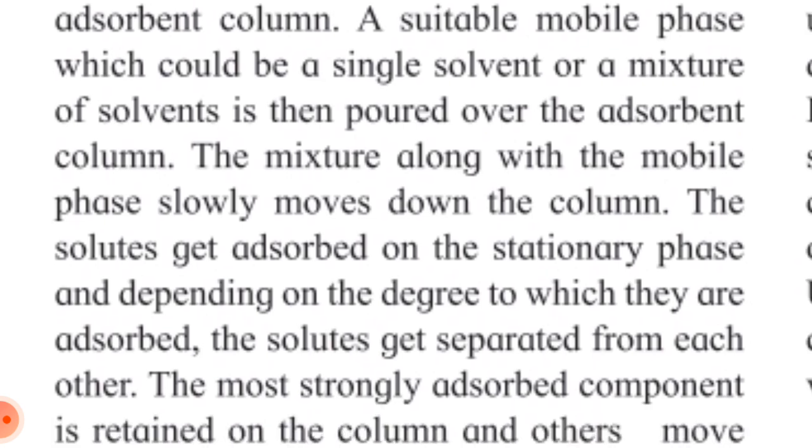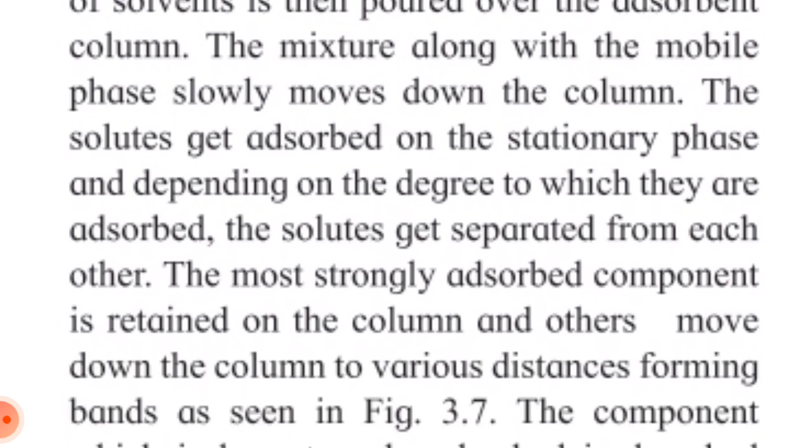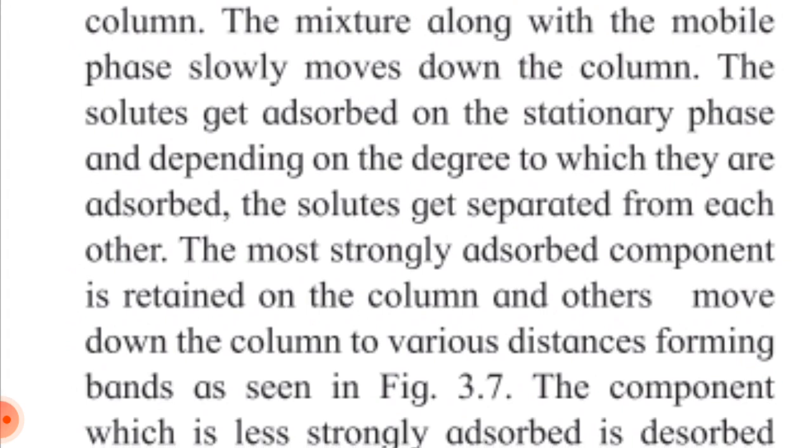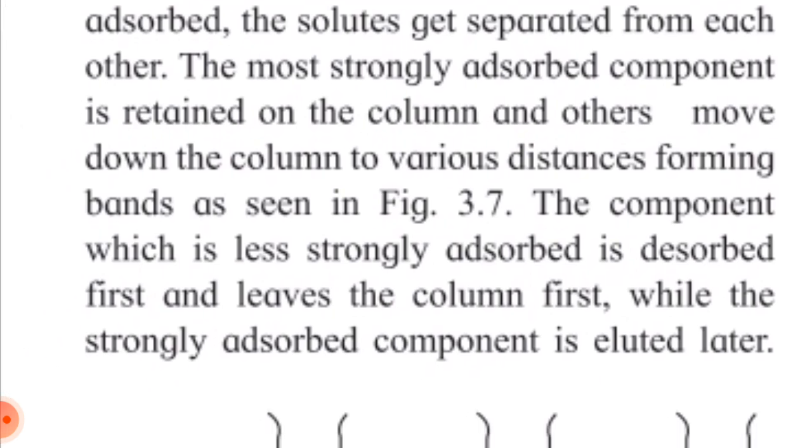A suitable mobile phase, which can be a single solvent or a mixture of solvents, is then poured over the adsorbent column. The mixture, along with the mobile phase, slowly moves down the column. The solutes get adsorbed on the stationary phase, and depending on the degree to which they are adsorbed, the solutes get separated from each other.